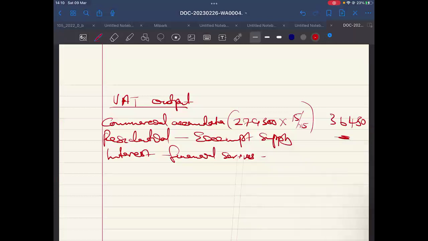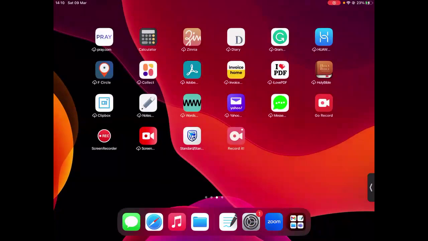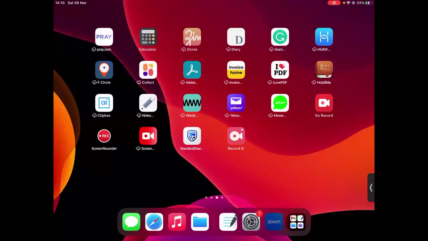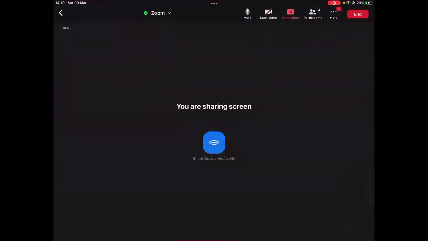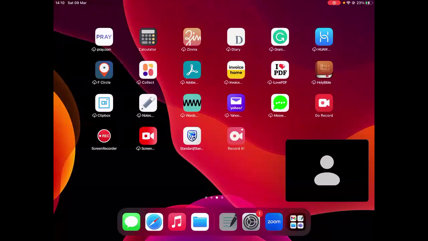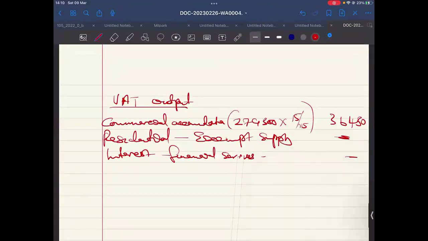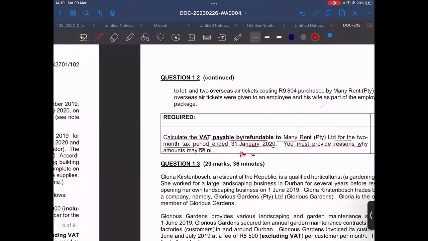Then it's 0. Do you understand this too? Are you following? The reason: residential accommodation is exempt, there's no output. Interest is a financial service. Financial services, we say they are exempt. Right. Then we move on.